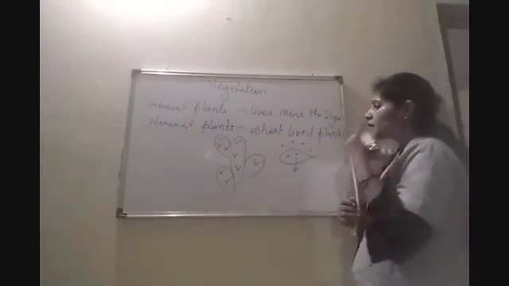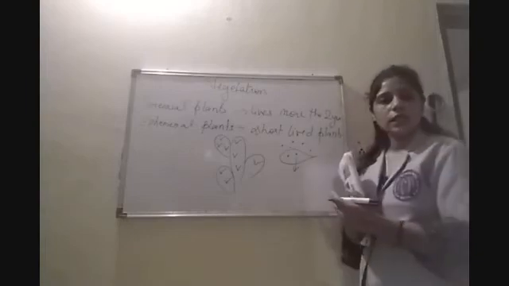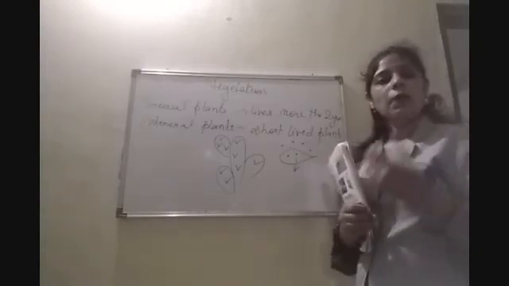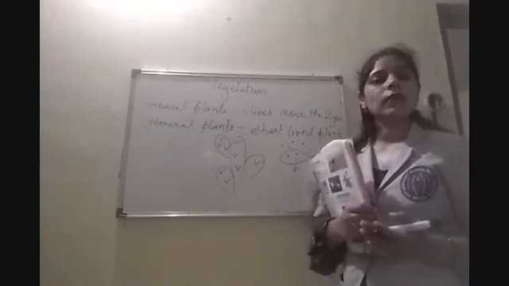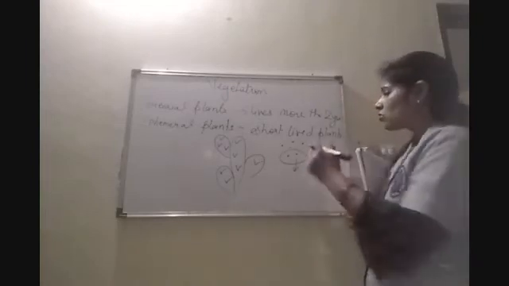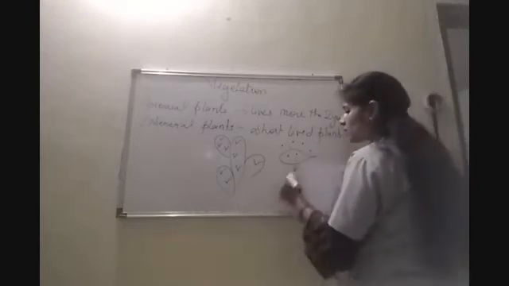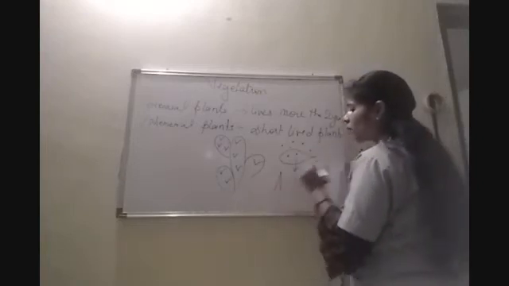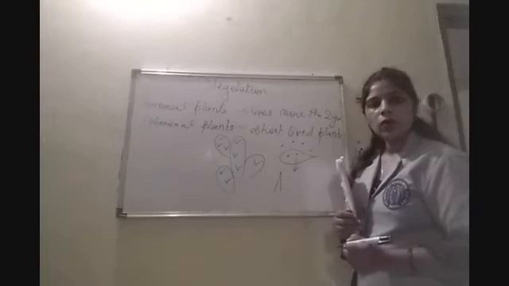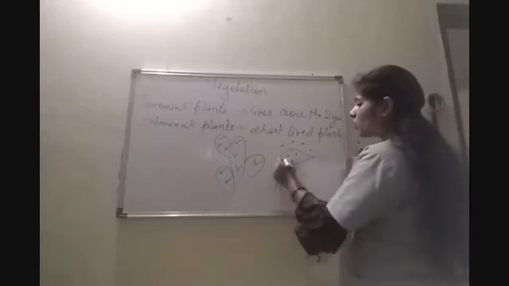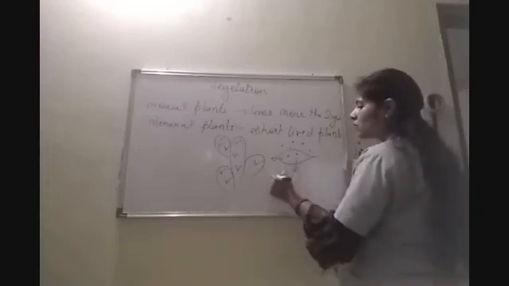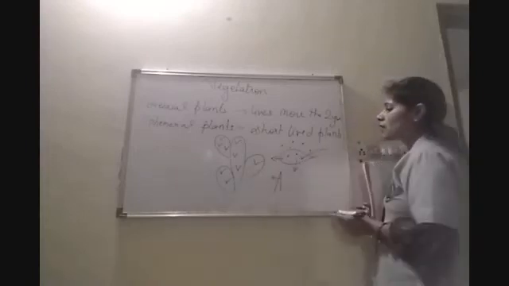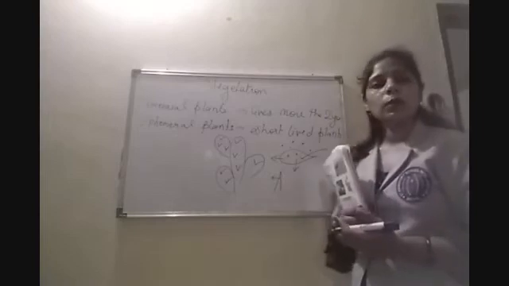So to reduce this rate of transpiration in the plants found in the desert, mostly instead of leaves there are thorns. Suppose I take this leaf and roll it, it forms a spine or thorn. From which leaf would more water be transpired, this leaf or this leaf? Obviously from this kind of leaf more water would be transpired.